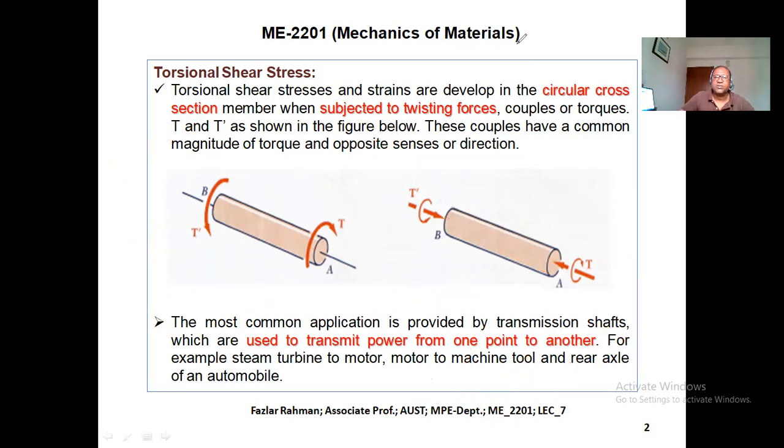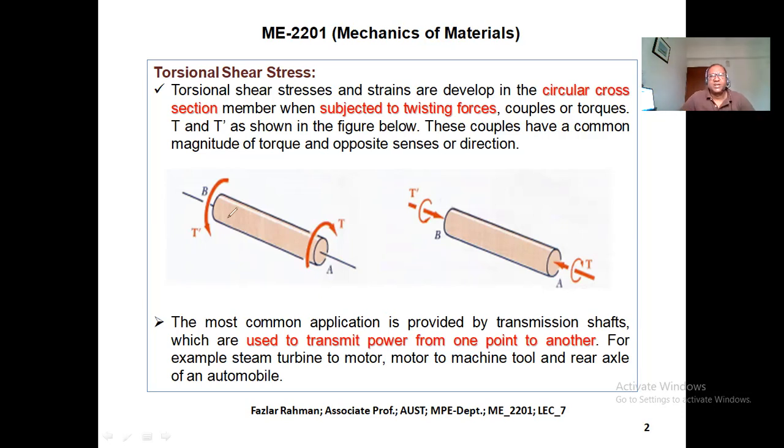Just right now, remember that when you apply the torque, it tries to create a shear force inside the material. So what is the function of the shear force? It tries to divide the material, and it always works parallel to the cross section. Okay.